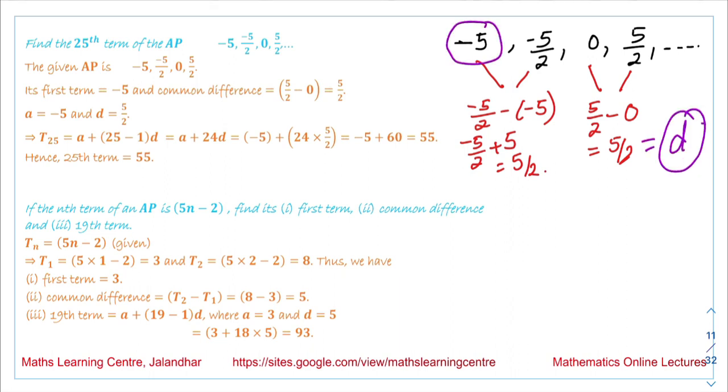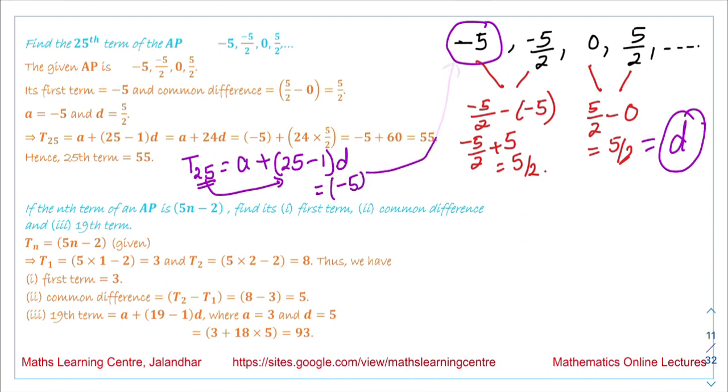This is the value of A that we have. Now we have to calculate the 25th term, T25. It is A plus (n minus 1)D. In place of n we have 25, and in place of D, 5 by 2. So it is minus 5, this is A, plus 24 into 5 by 2.